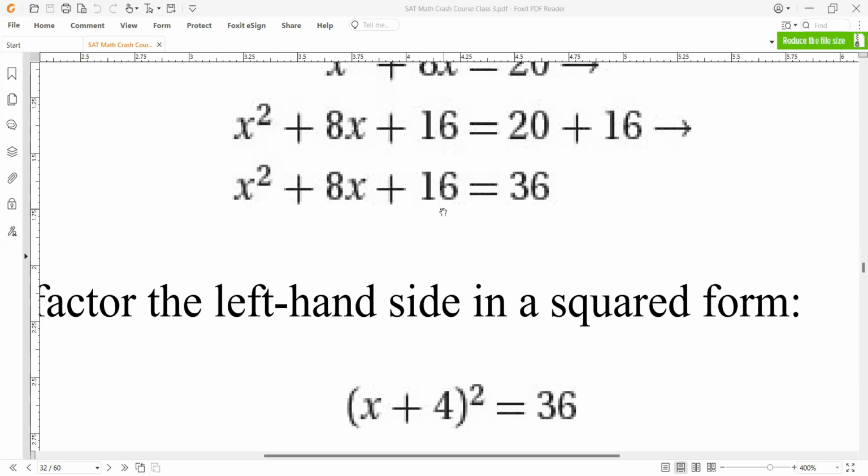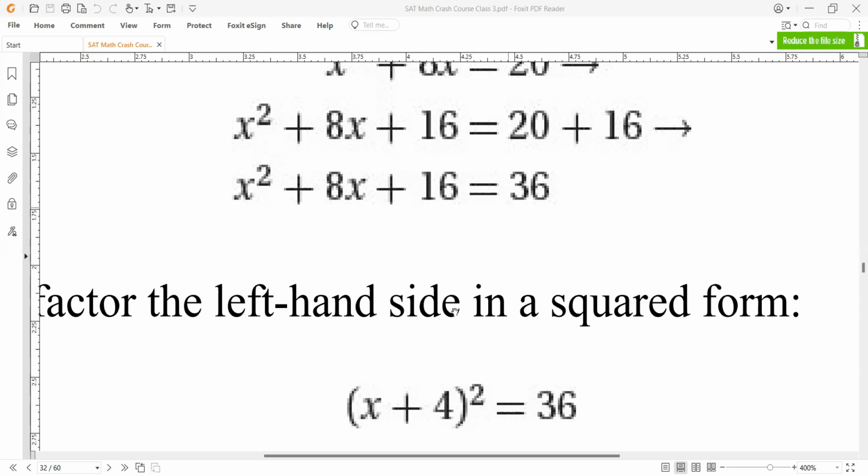You got it? Yes. x squared plus 2 into x into 4, plus 4 squared.